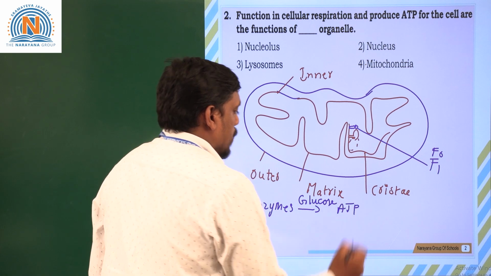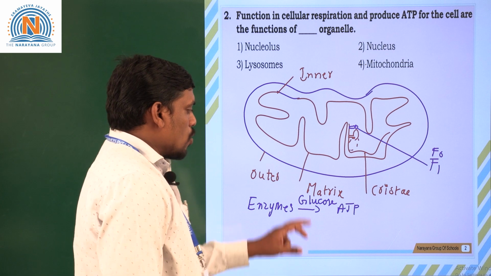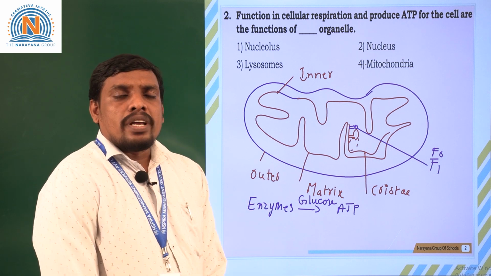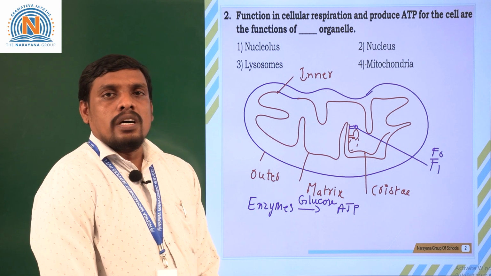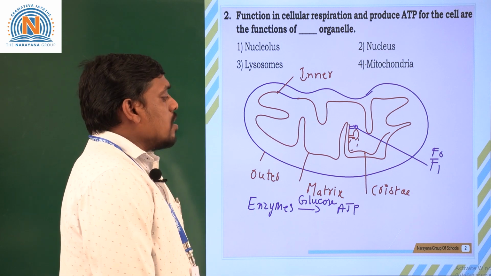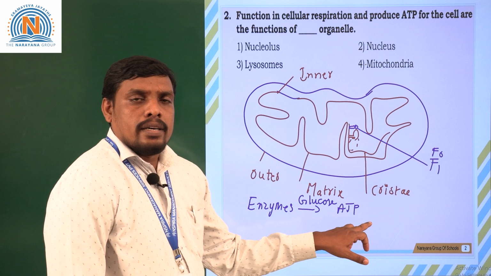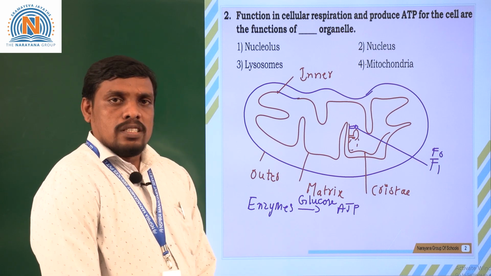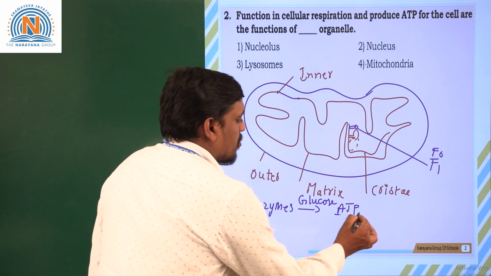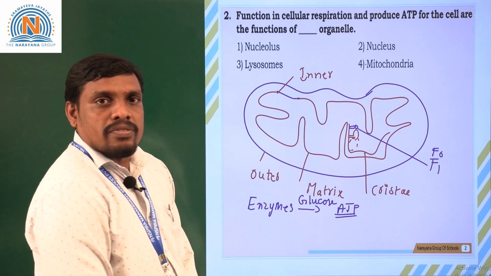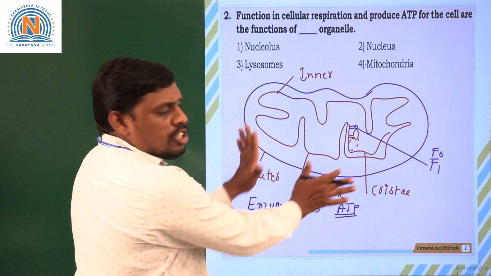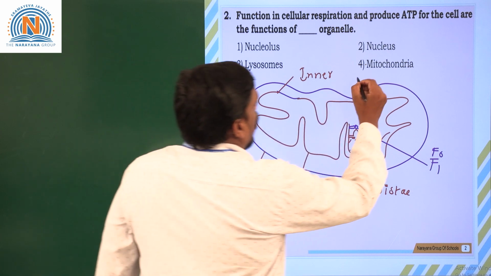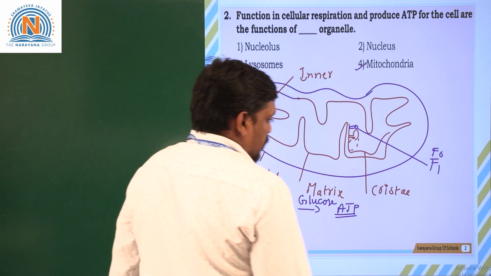When the glucose molecule gets broken down, the energy present in the glucose is released. The released energy will be stored inside a molecule called ATP, adenosine triphosphate. What is the full form of ATP? Adenosine triphosphate. Anyway, energy production takes place in this structure called mitochondria. So option 4 is the correct one.